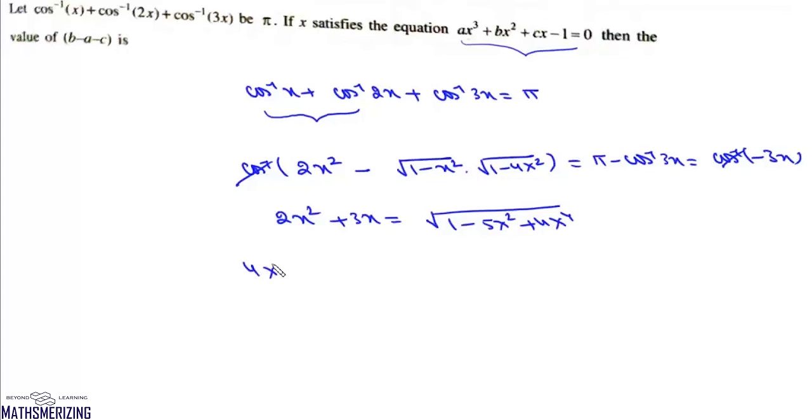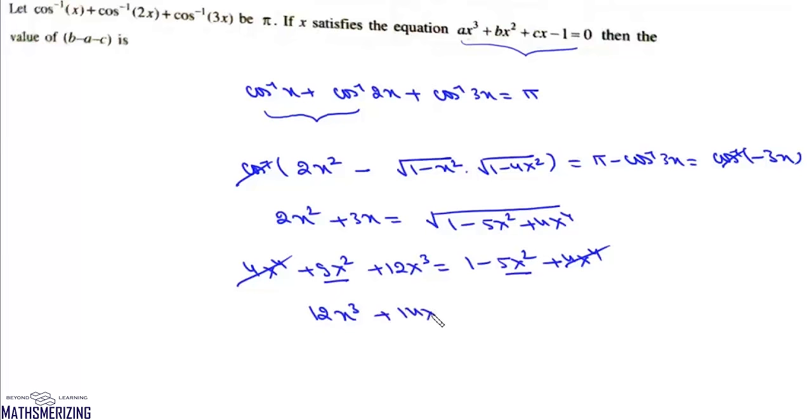We'll get 4x to the power 4 plus 9x square plus 12x cube, and it'll be 1 minus 5x square plus 4x to the power 4. Now 4x to the power 4 will cancel. So we can write this as 12x cube. Now 9x square plus 5x square, so it'll be 14x square minus 1 equals 0.